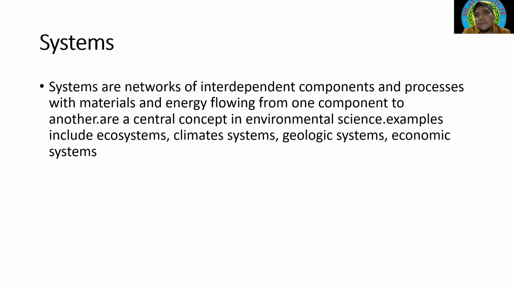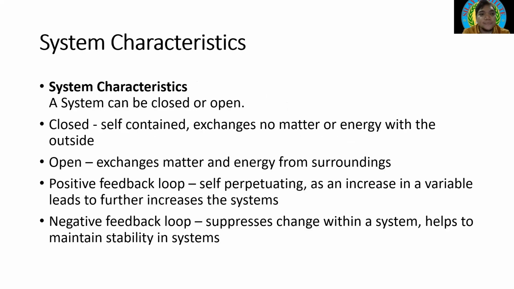Each minute detail of a simple task has a function to do, and as an overall, it will act as a system. They are central concepts in environmental science and other sciences as well. For example, ecosystems, climate systems, geologic systems, and economic systems. Those are some of the concepts that we try to link to the principles of systems thinking.